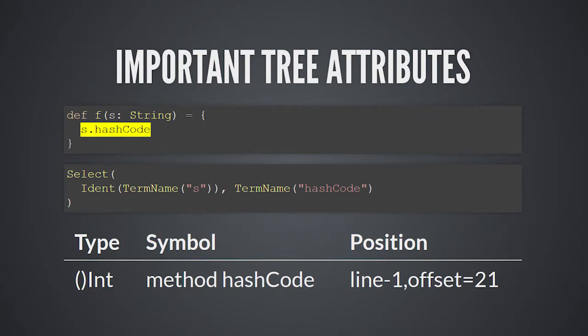A string constant doesn't have a symbol associated with it because it stands for itself. And maybe a little bit surprisingly, there are also trees that don't have a position. But I won't talk about them too much now because they will be discussed later. For the moment, I just want to say that trees without position are typically compiler-generated trees that have no direct representation in the source code.